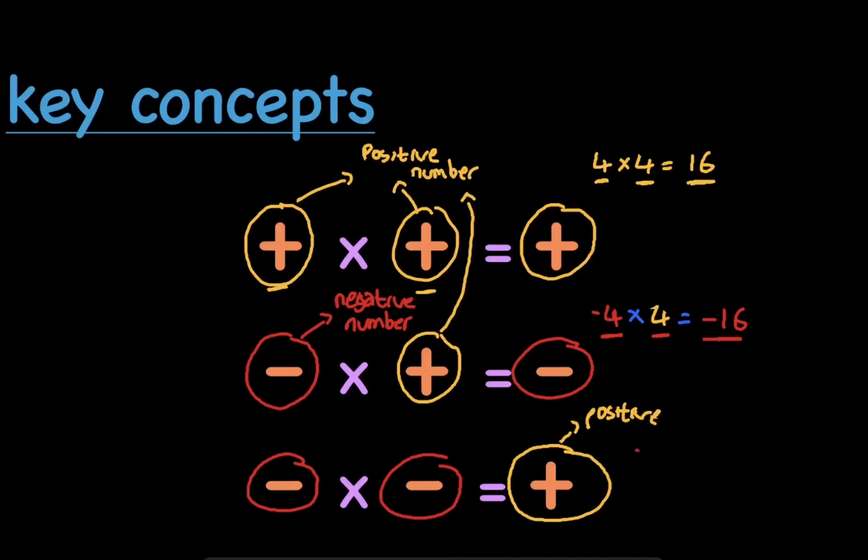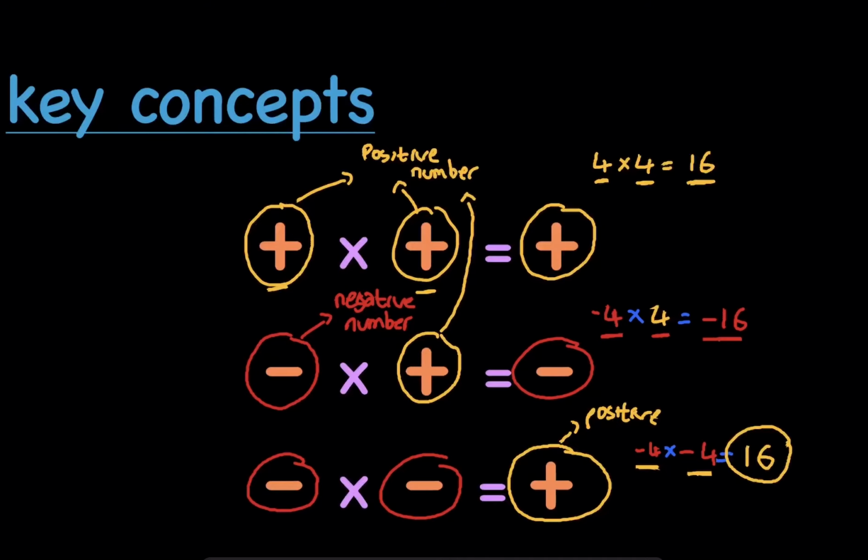Let's say you have the number -4 multiplied by another -4. This will give you the number +16. So in this case we used a negative number, -4, multiplied by another negative number, -4, and your answer is a positive number.